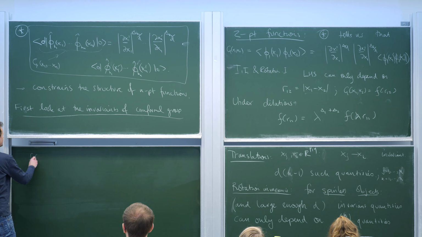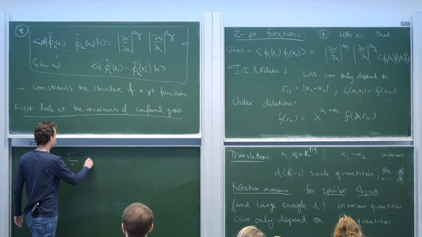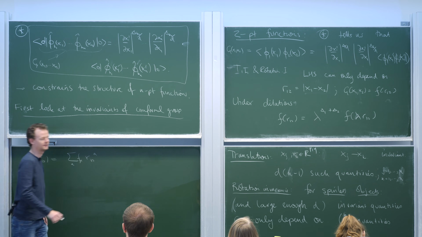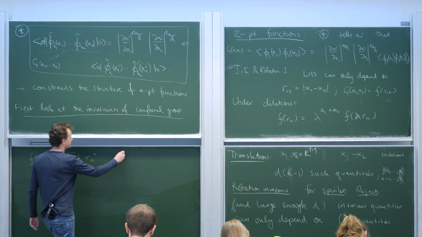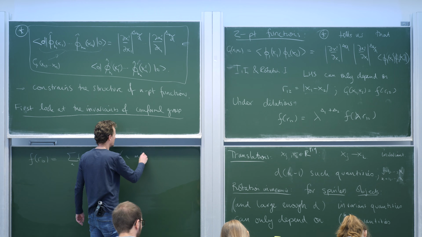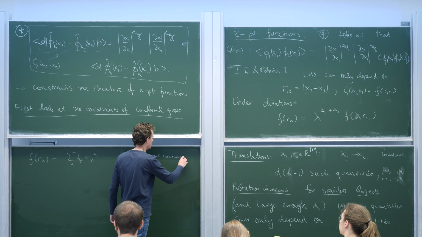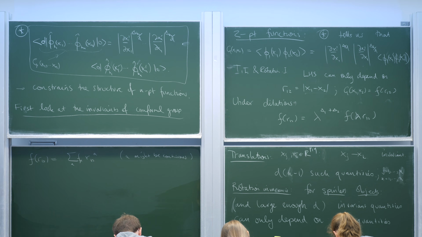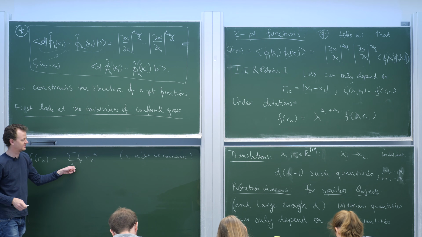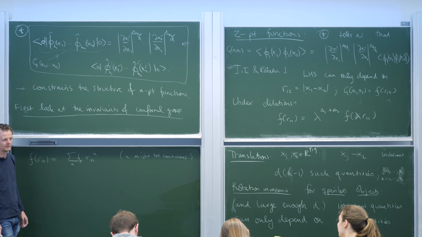The way to work it out is something like this. We do some series expansion for our function f. It might be that f can depend continuously on this label a, in which case we have to do an integral over this index a.